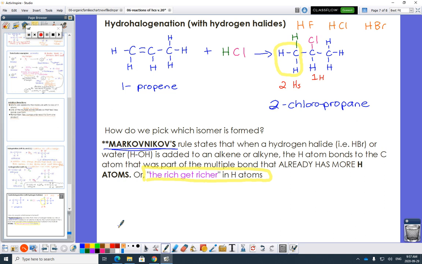And if you want, you don't have to draw it out like this. If you're into condensed, you could write CH3, you could do that still too. Okay, so even more annoying, we call this 2-chloropropane the major product.